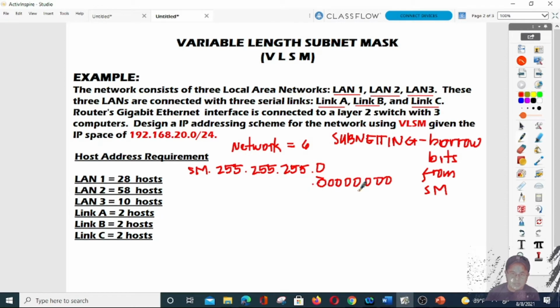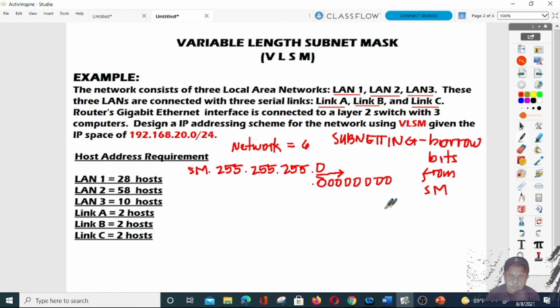So each octet has 8 bits. Now in subnetting, we are borrowing bits from left to right. From here going to right. Borrow bits.